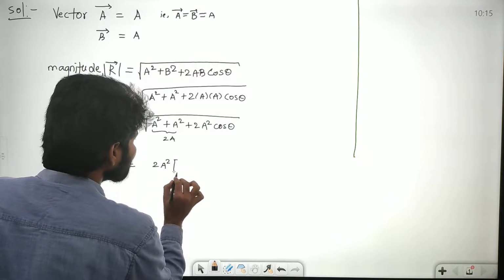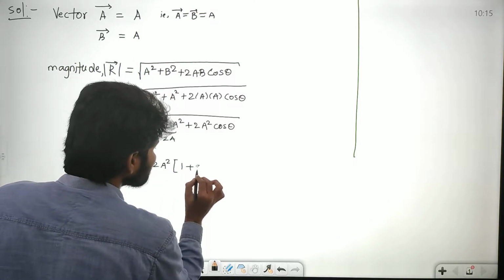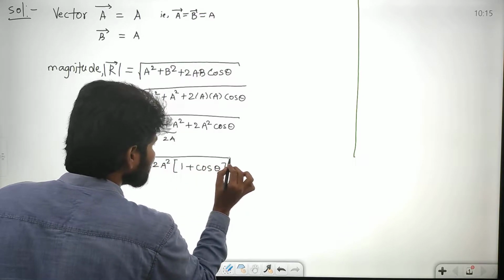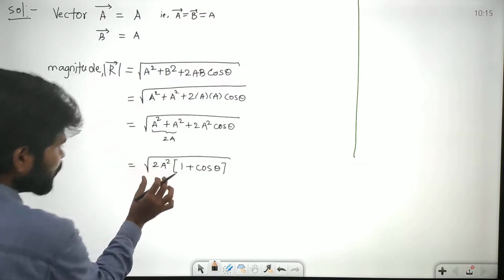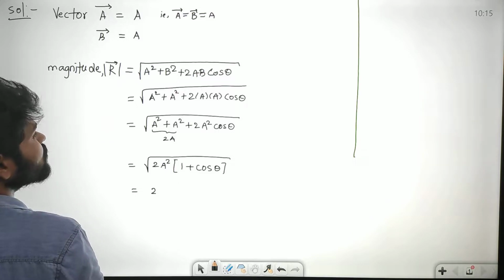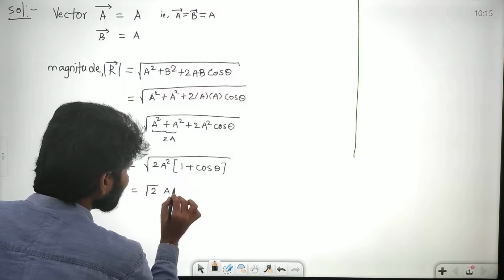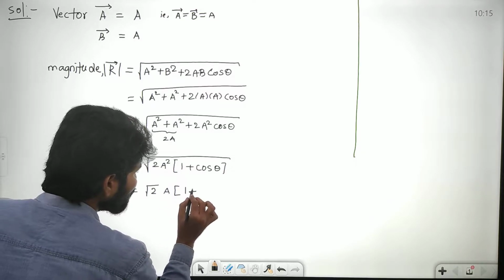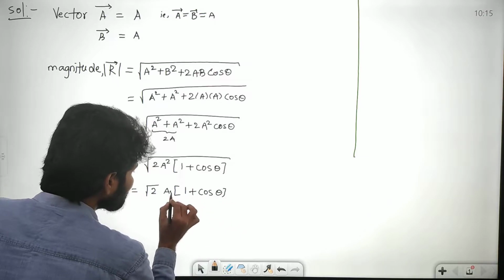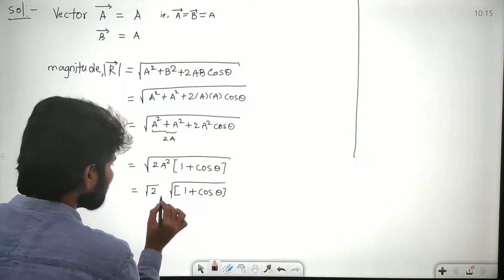If I take 2a square out, I will get 1 plus cos theta. So I will get the square root of 2a square into 1 plus cos theta. This is the complete square root.